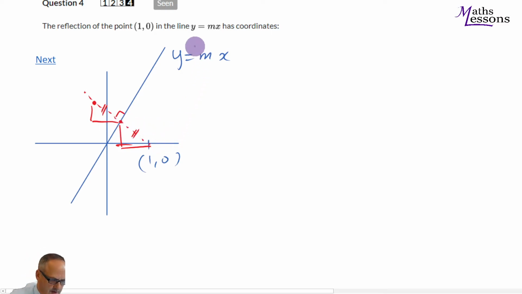So I know that if this gradient is m, then the gradient of this, because it's perpendicular for a reflection, is going to be minus 1 over m. So my new line is going to be y equals minus 1 over m x plus something. I don't know my intercept, but I do know it goes through 1, 0.